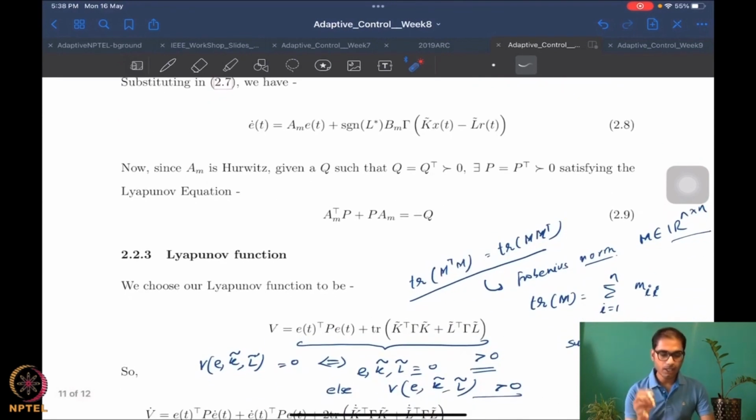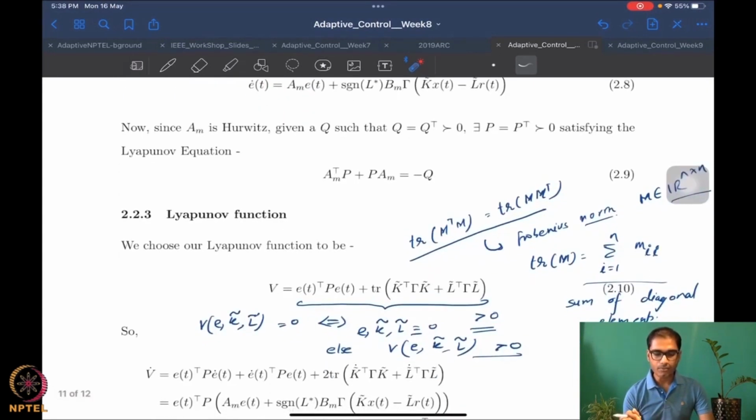And we choose a corresponding Lyapunov function using the fact that AM is a Hurwitz matrix, and just like you would have used the square norm for the vector case, or just a square for the scalar case, we use a weighted norm for this matrix case also, and this is defined via the trace of the matrix, k tilde transpose gamma k tilde, and similarly L tilde transpose gamma L tilde. All right, so this is where we were.